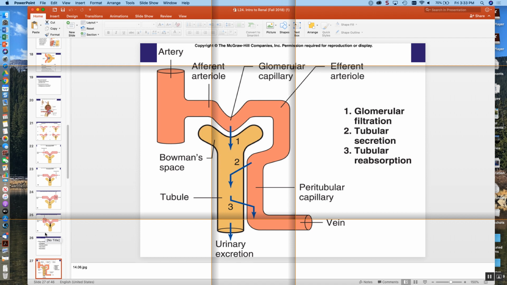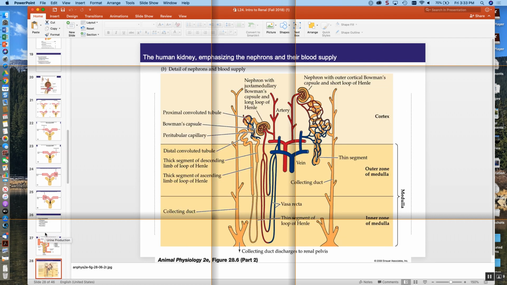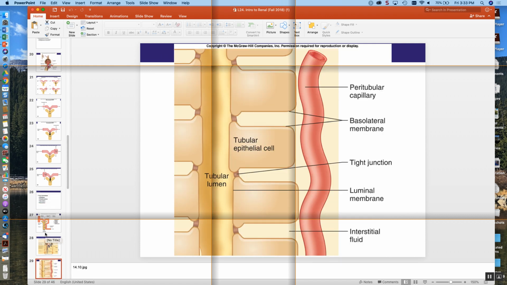Pretty good? I stress this because I see it a lot. Mistakes are made, and I know that you know the material, but I'm emphasizing this because I want you to know it, right? You should be prepared to actually see questions like that. So as I said before, with reabsorption, remember it's going across the epithelial cell layer into the interstitial fluid and then into the blood supply.